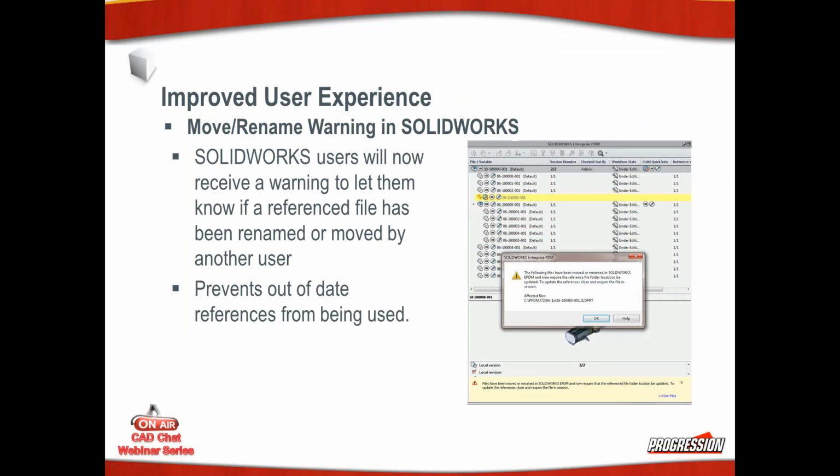The move rename warning inside of SOLIDWORKS. Just to explain the scenario briefly, oftentimes people are working on an upper level assembly. Another user working on a part could rename it or move it to a different folder. In the past, the user who had currently opened this assembly had no idea that was taking place.